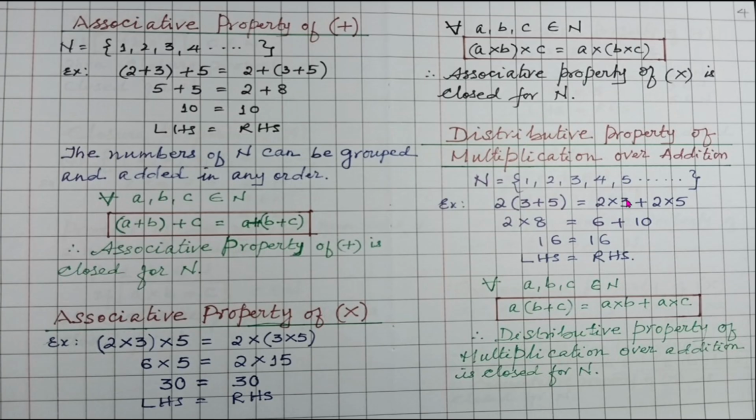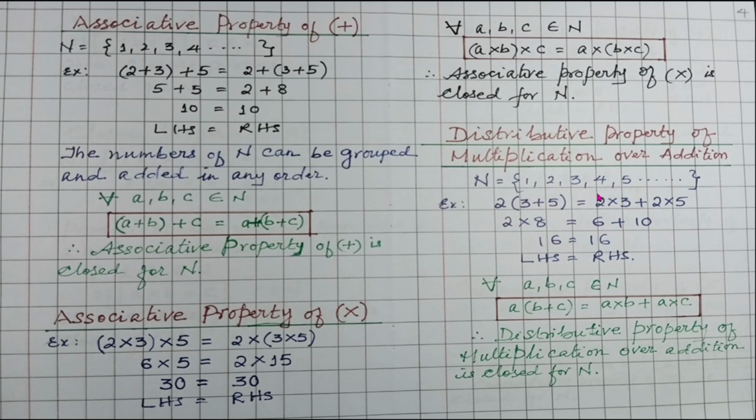Now, the next important property is the distributive property of multiplication over addition. What does this mean to us? If you take three numbers 2, 3, 5, when I multiply 2 with the addition of 3 and 5, 3 plus 5 is 8, 2 into 8 is 16, or 2 into 3 plus 2 into 5 will give 6 plus 10, that is also 16, and that means LHS is equal to RHS.